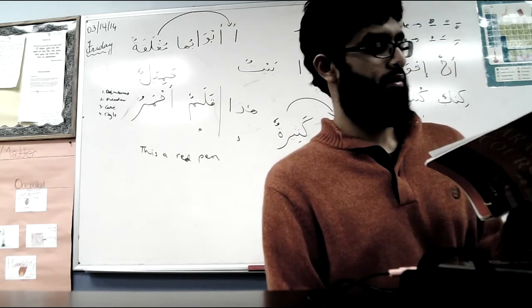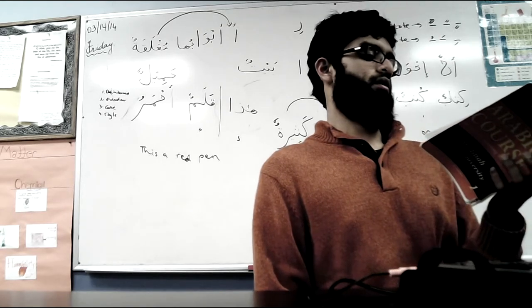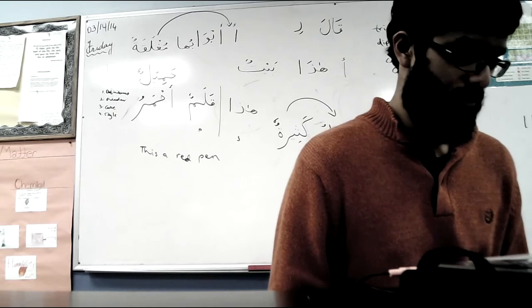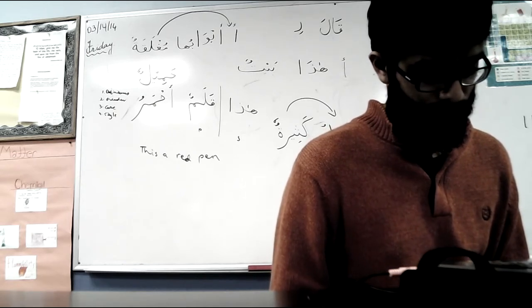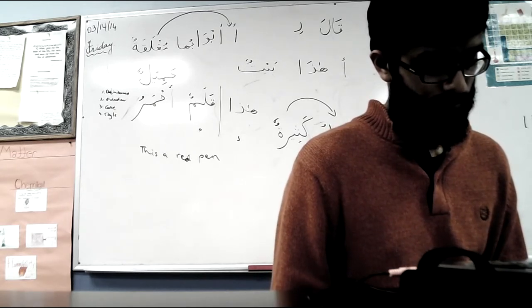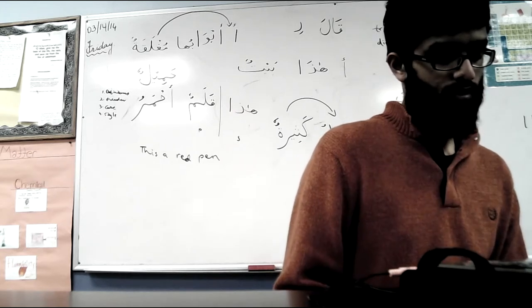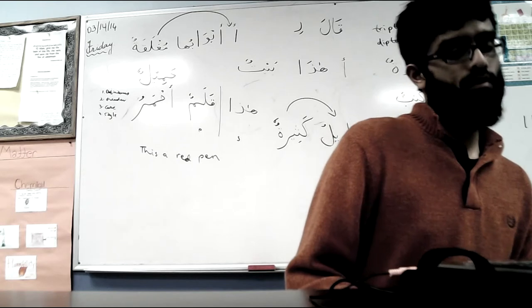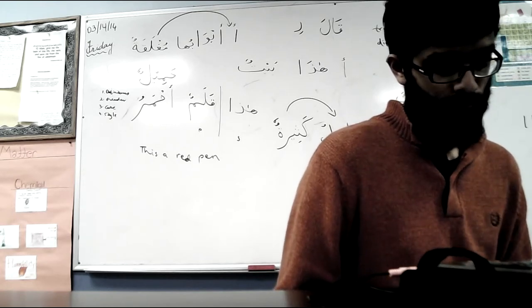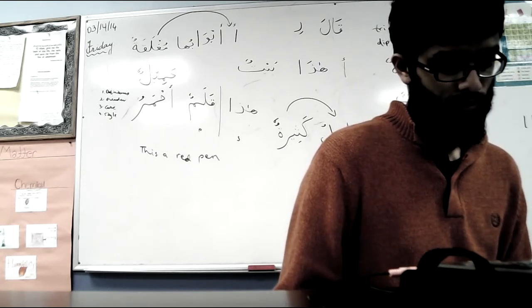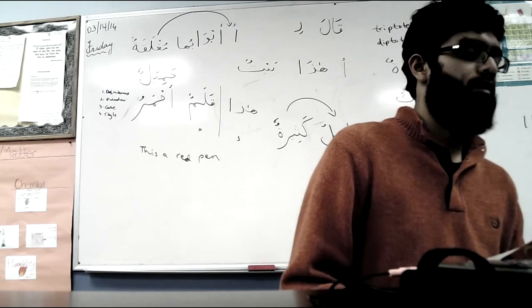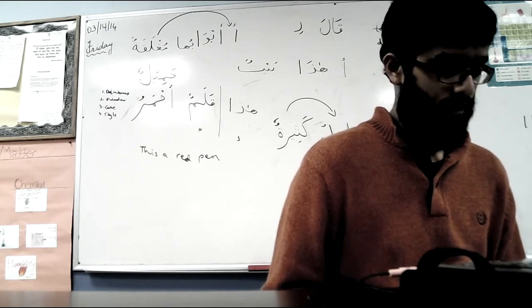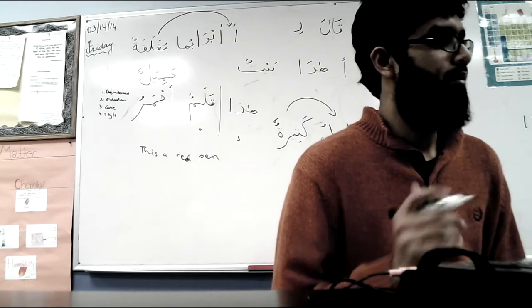What does that mean? Do you have a black handkerchief or a green handkerchief? Read the next one too. قالت لا ما عندي منديل أسود. She said, no, I don't have a black handkerchief. Okay. Brother Afnan.